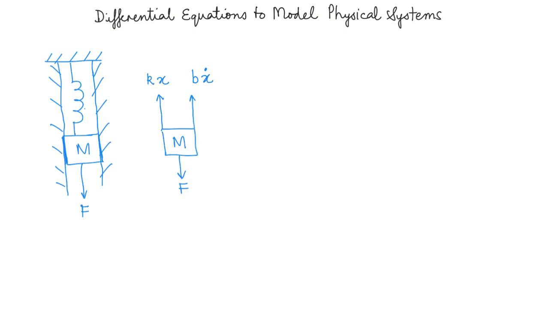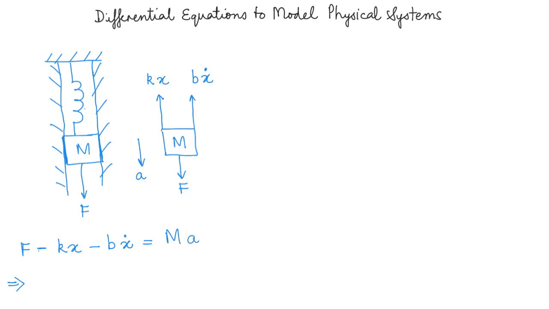So if we assume that this mass is moving with an acceleration a, then we can write the equation for this mass as F minus kx minus b x dot equal to mass times acceleration.